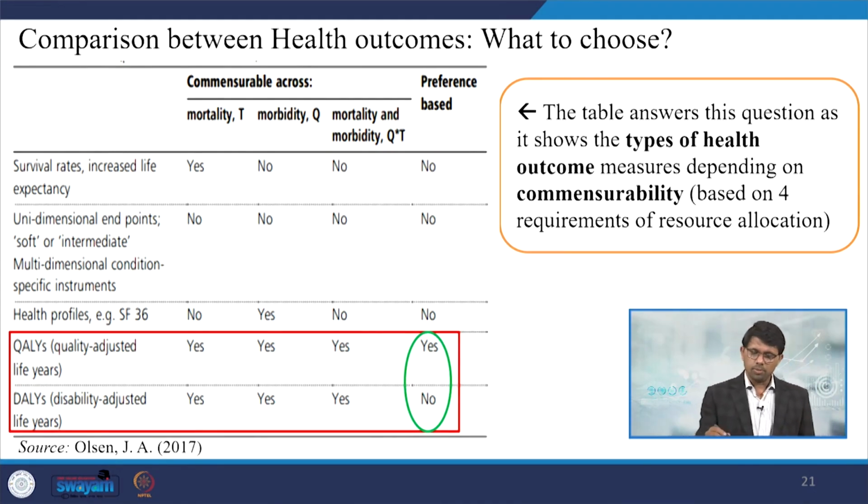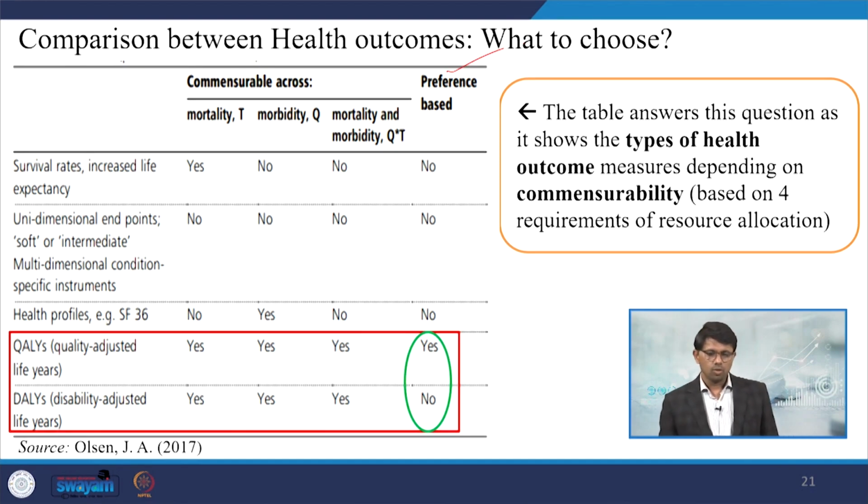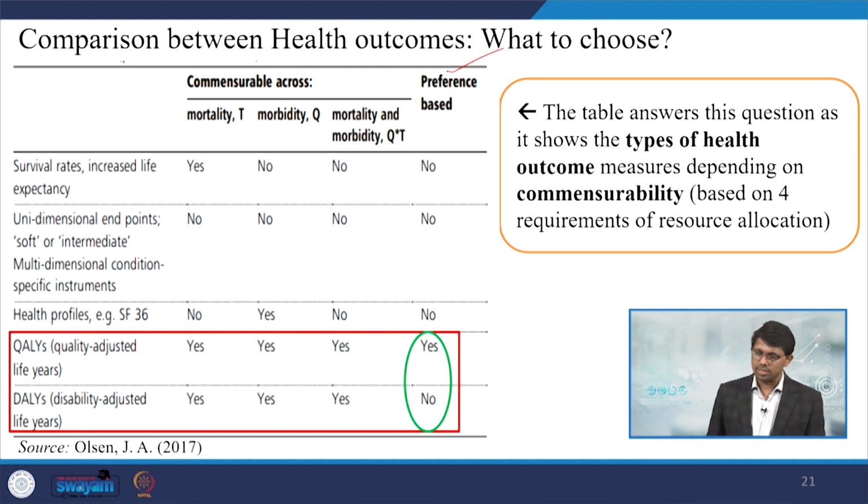So the most important indicator is preference. In this figure, which one is to be chosen? The table answers this question as it shows the type of health outcome measures depending on commensurability, that is, based on 4 requirements of resource allocation.